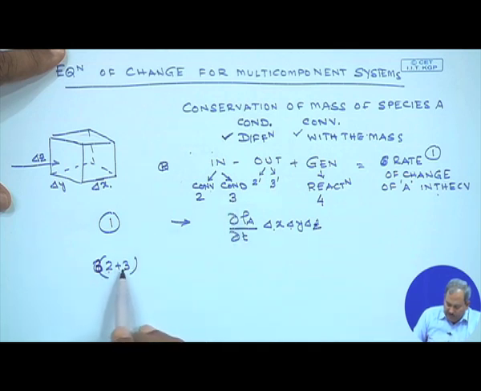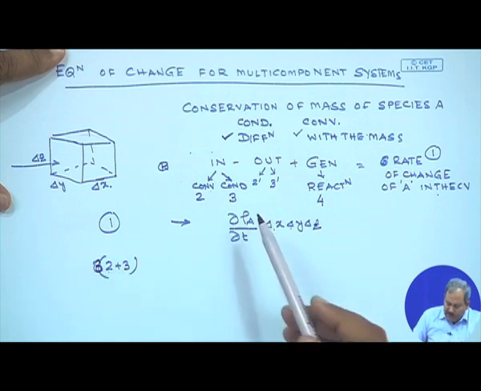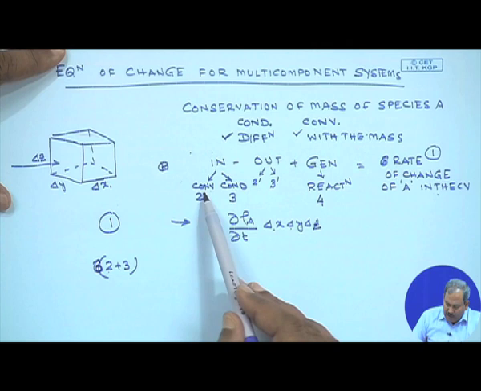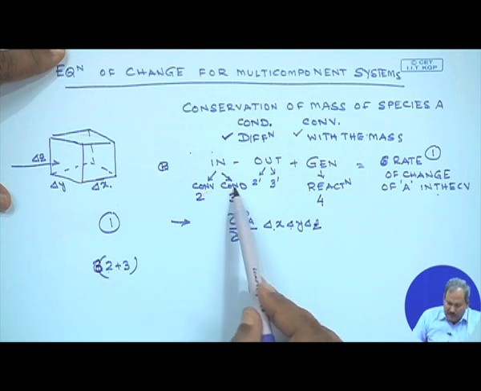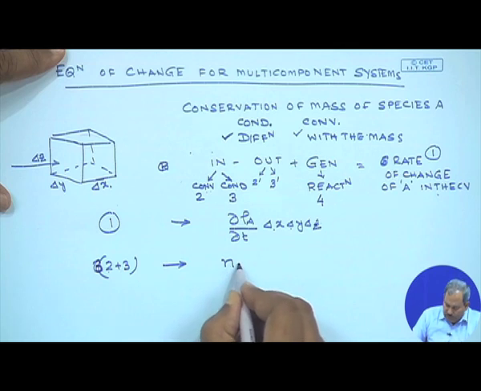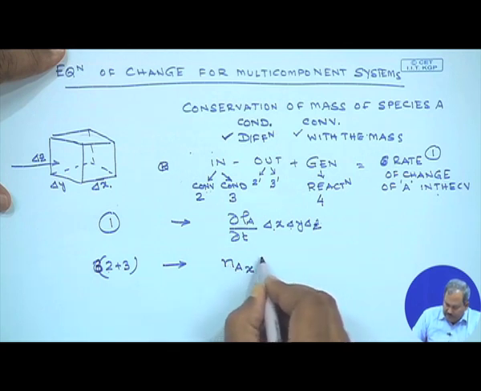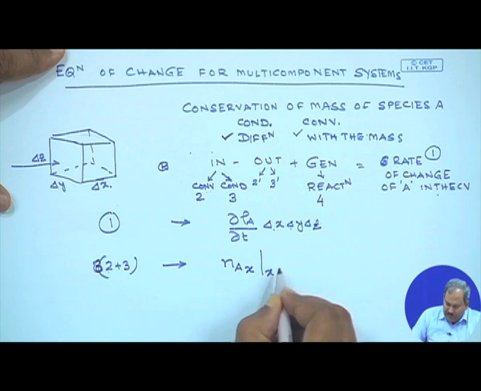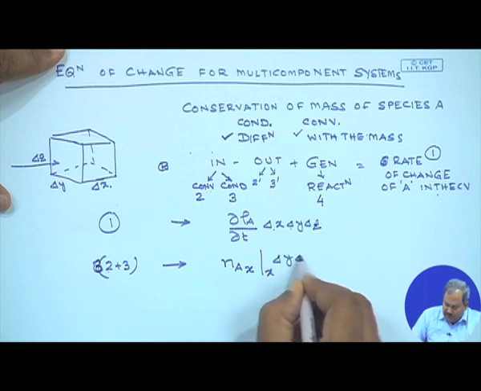This is the rate at which species A enters the volume element, and we realize that it is going to have a contribution of convection and conduction. So 2 plus 3 would basically give you the mass flux of A in the x direction, which is evaluated at x, times del y del z.